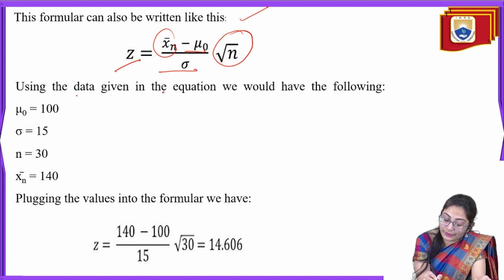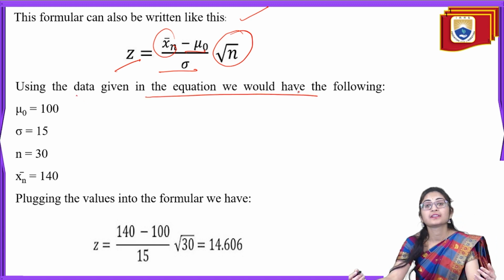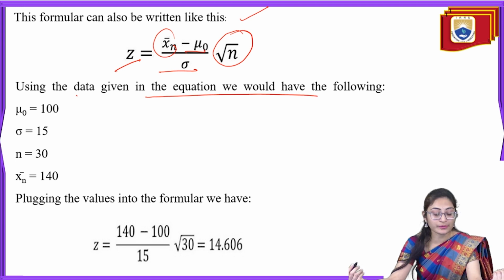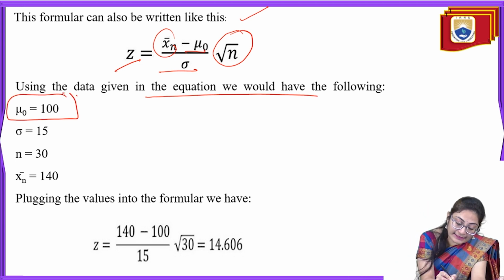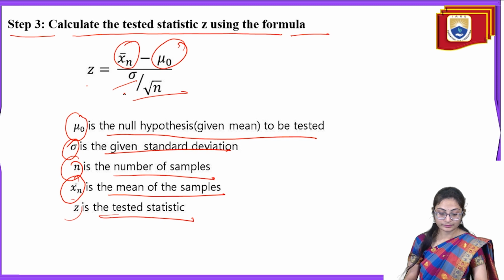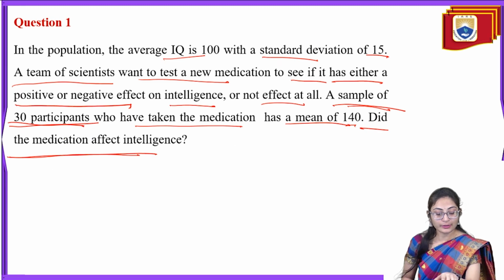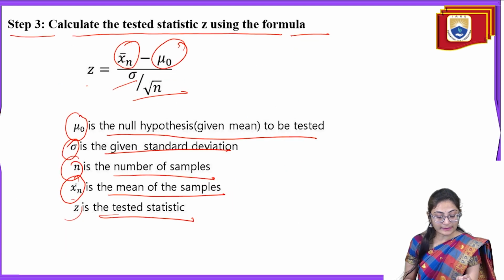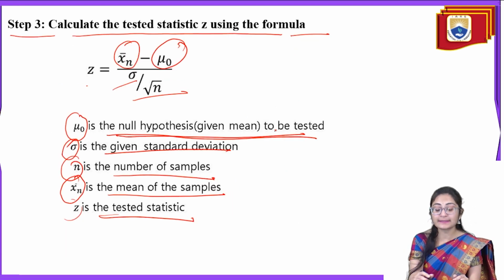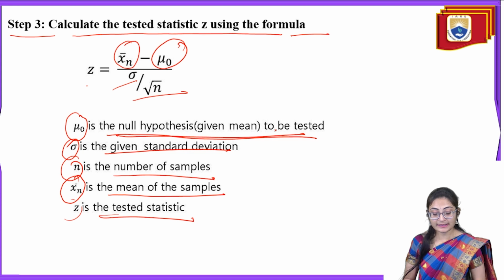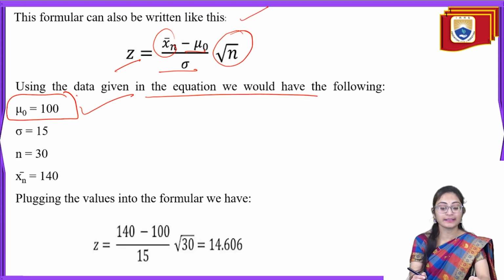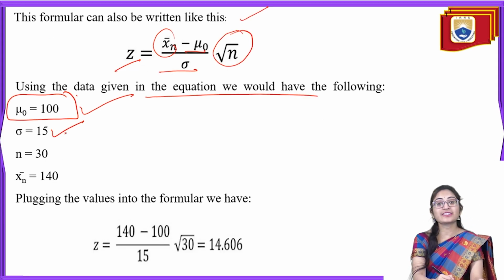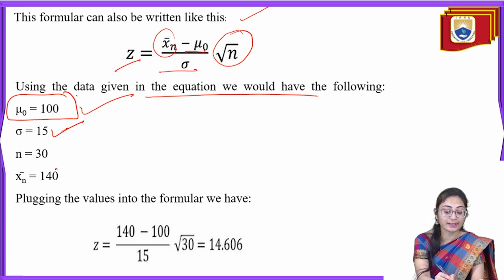Using the data in the equation, we have the following. Mu naught is 100, since the average IQ is 100, which is the mean given under the null hypothesis. Sigma, the standard deviation, is 15.